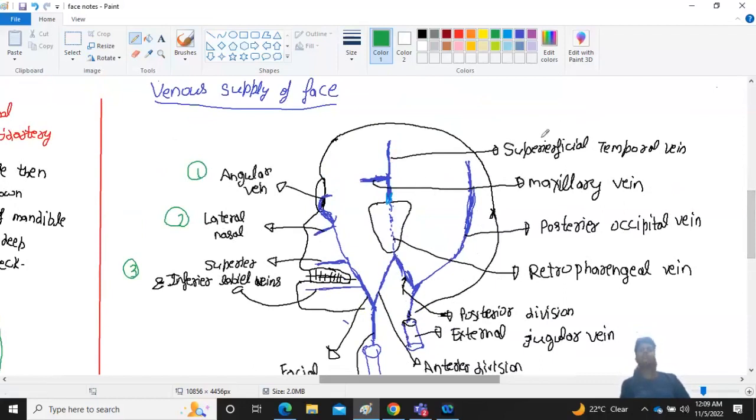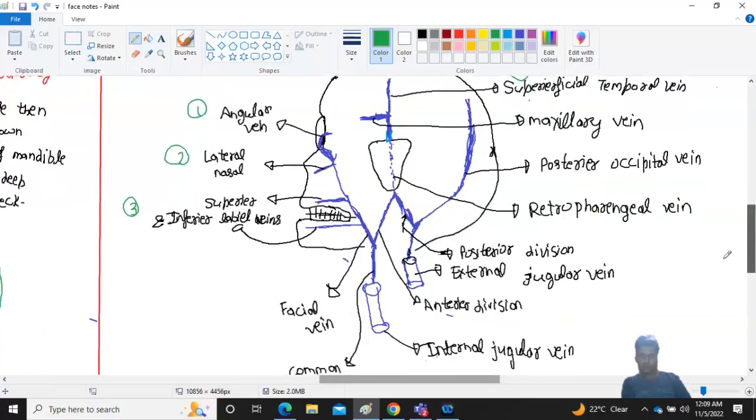These are the terminal veins. Basically, these are the terminal veins. 5, 4, 6, 7, 8.